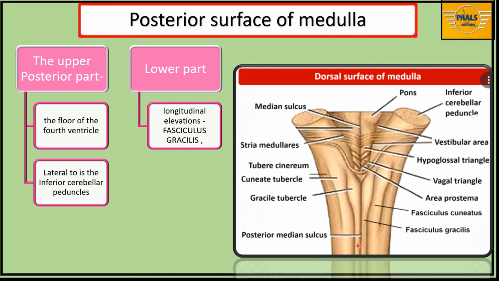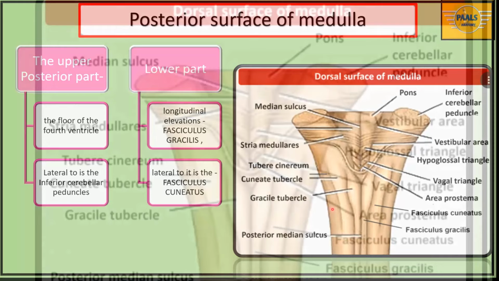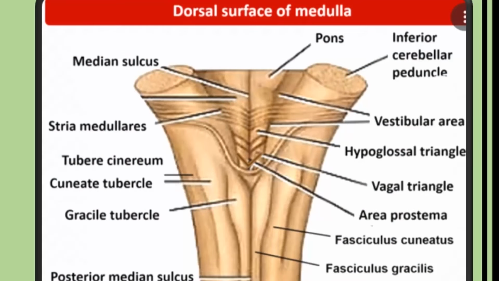Lateral to the fasciculus gracilis is another elevation, called the fasciculus cuneatus. Also lateral to the fasciculus cuneatus is yet another elevation, called the tuber cinereum. We are going to look at these longitudinal elevations and trace them proximally.